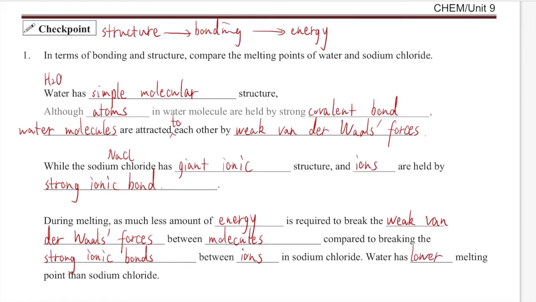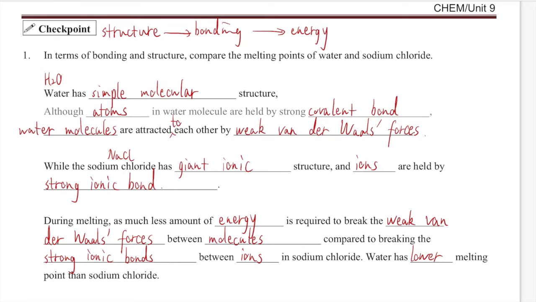Okay, so here remember, because you are new to chemistry, we want you to develop some good habits. Whenever you are describing the bonding, we want you to not only name the bond, but also use the correct term to describe the particles involved.